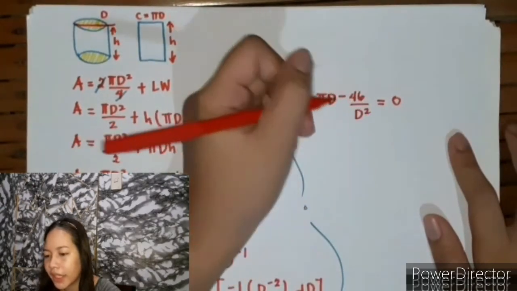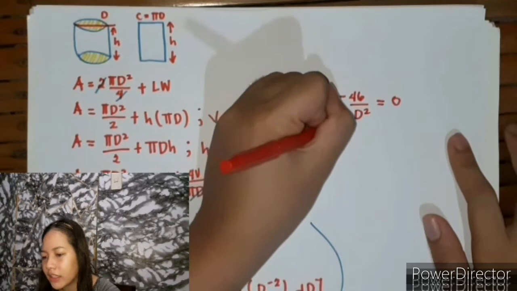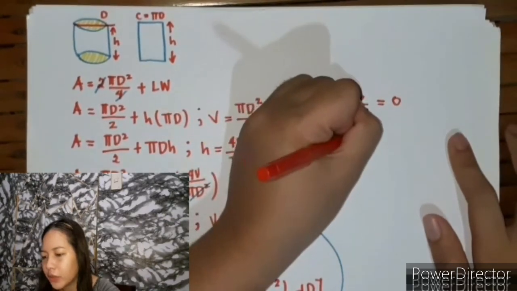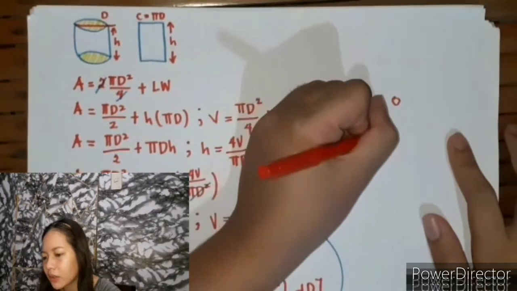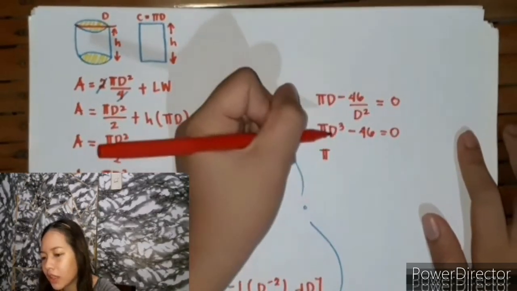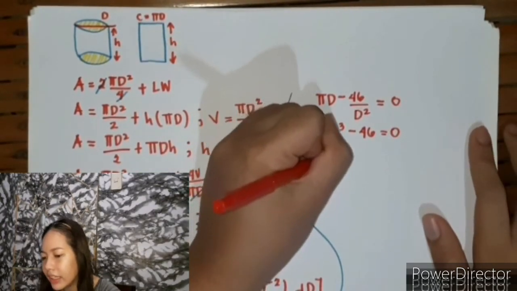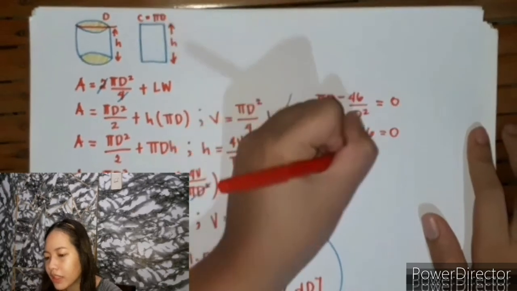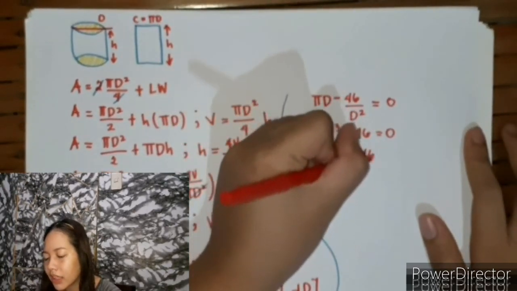Then we will multiply pi d from d squared. It will become pi d cubed minus 46, and then is equals to 0. And then we will transpose 46 to the right side. It will become pi d cube is equals to 46. It will become positive.